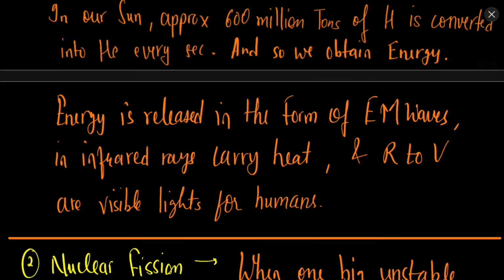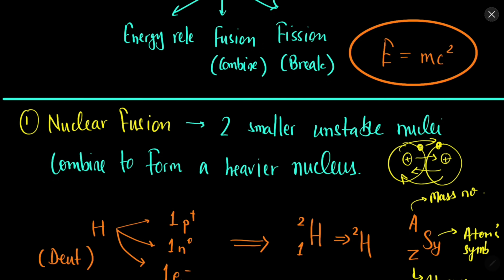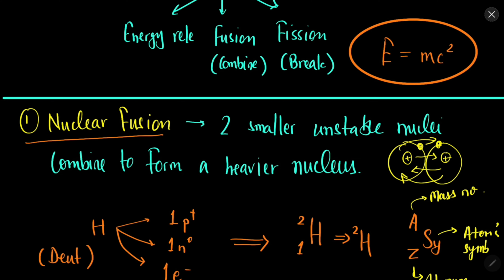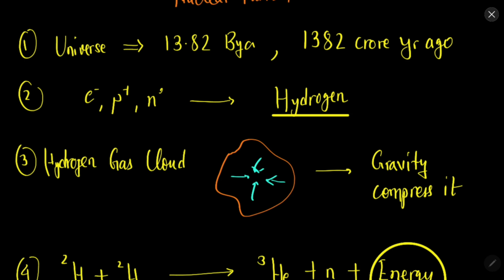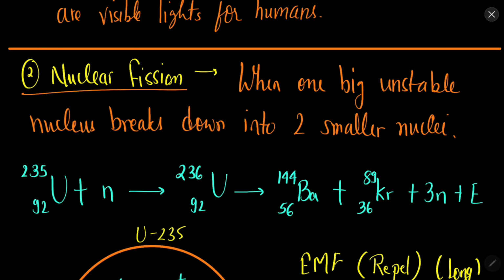Now similarly, just like in nuclear fusion we had the combination of two nuclei, in nuclear fission we will have a bigger nucleus which is unstable, which will break into smaller nuclei so that it can become more stable.